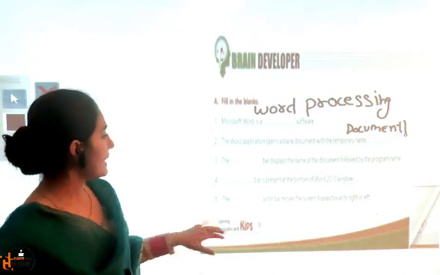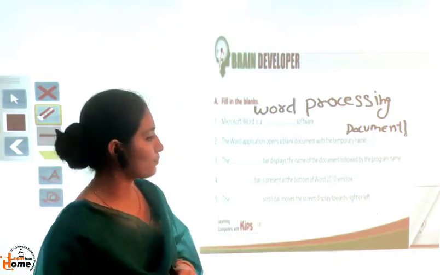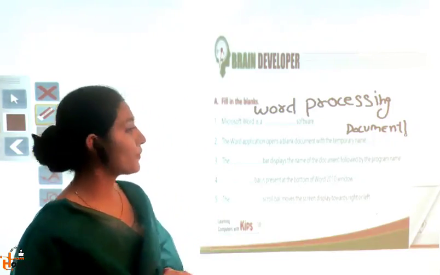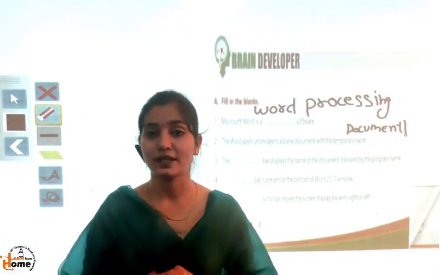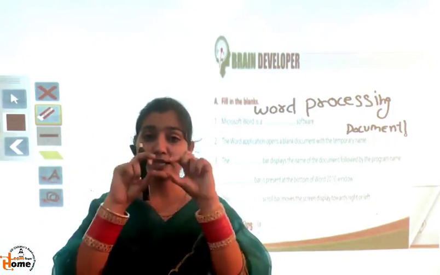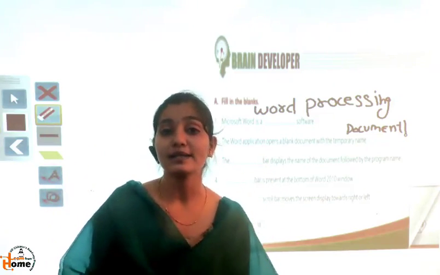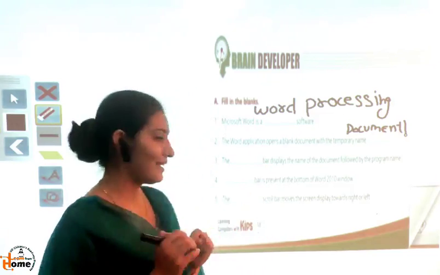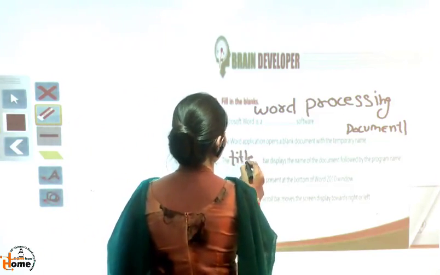Okay. Next is: the dash bar displays the name of the document followed by the program. Which bar displays the name of the document? The name of the document is displayed at the very top of the screen, right? And which bar is it? It is the title bar. Very good. So the name is displayed in the title bar.